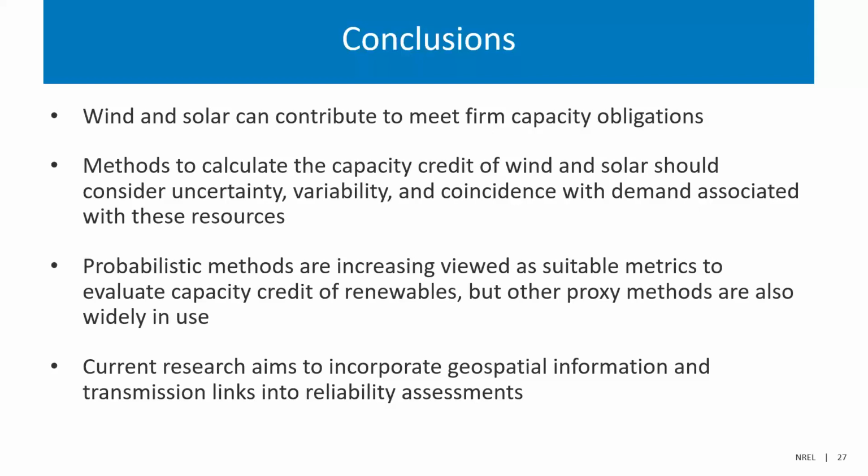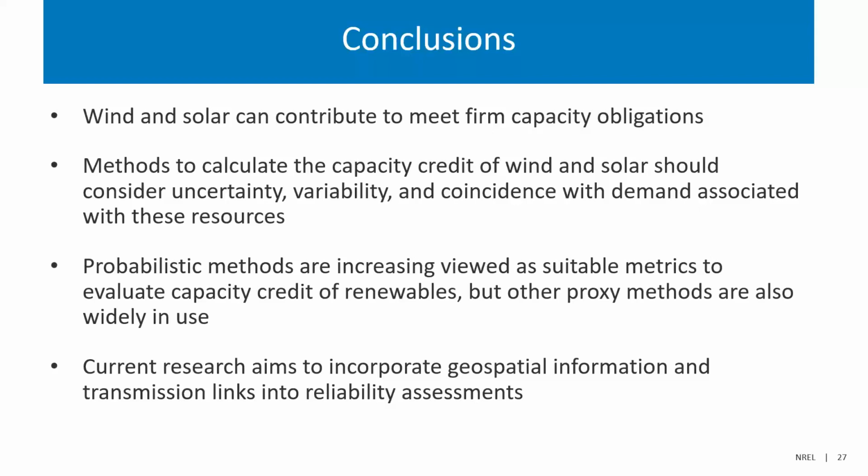Okay, so to conclude this presentation, wind and solar can contribute to meet the firm capacity obligations. We just need to use methods to calculate the capacity credit so that we can take into consideration the uncertainty, the variability, and see how well the wind and solar profiles correlate with the demand.